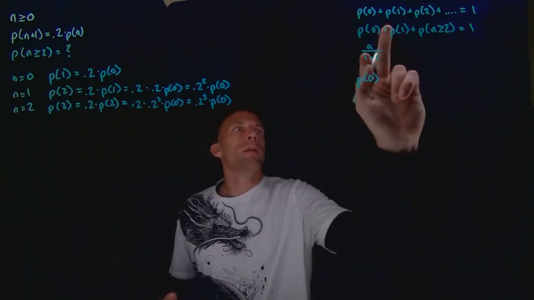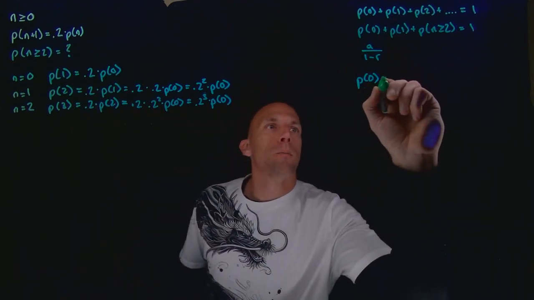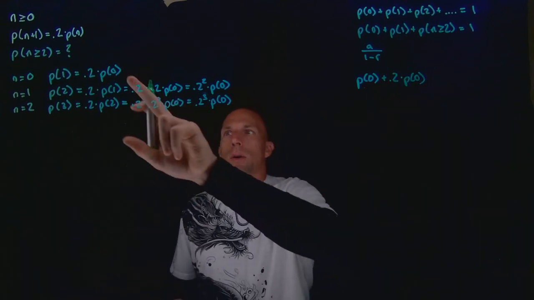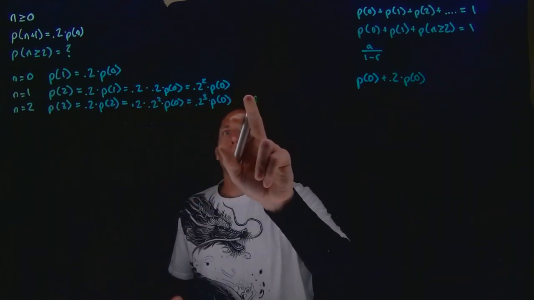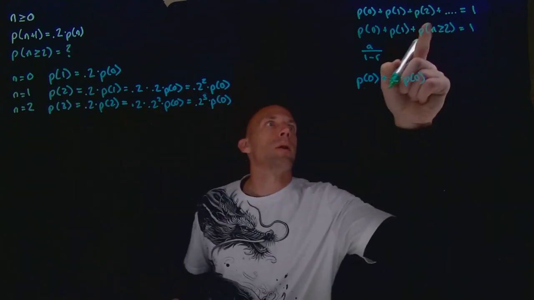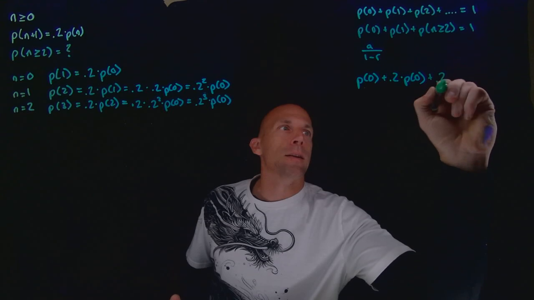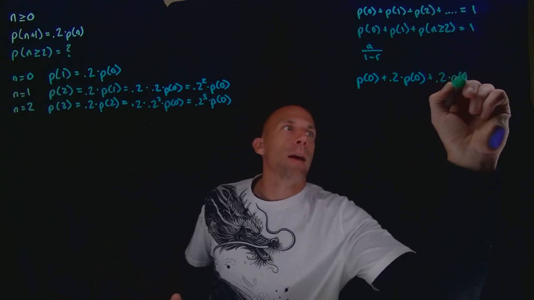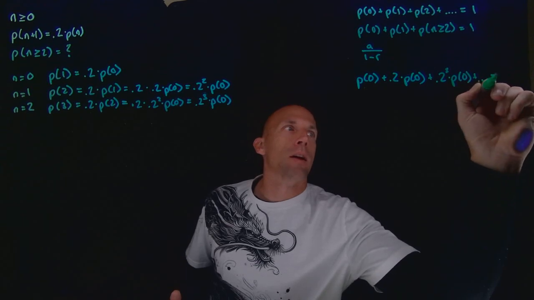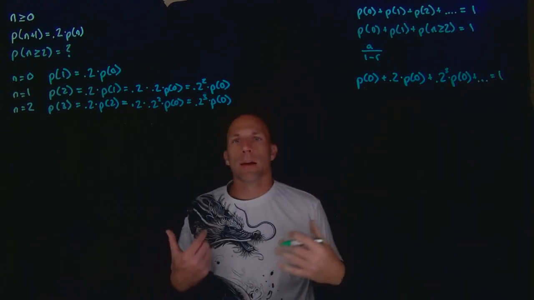P of 1 is 0.2 times probability of 0. And then same thing for P of 2, 0.2 squared times P of 0. So we're going to substitute that in right there. And that pattern, of course, will go on as long as we want it to and end up summing to 1.